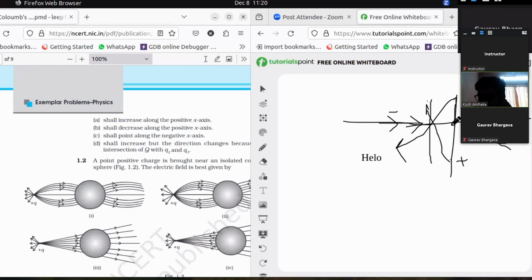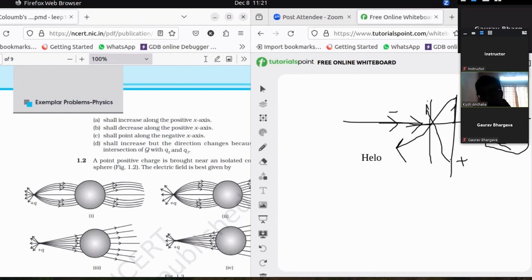When we come here, the net force will be towards this one and this one, so the y components cancel and only the force of this one will occur. When we reach here, the plus charge gives force in this direction, the negative gives in this direction, and the positive Q gives in this direction.